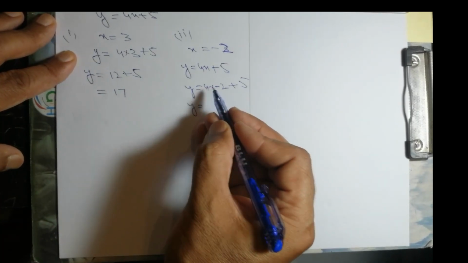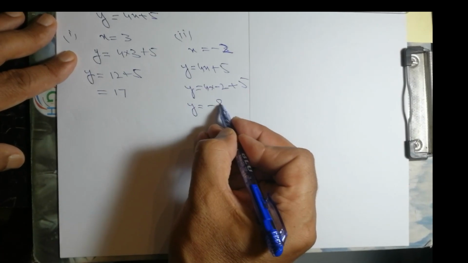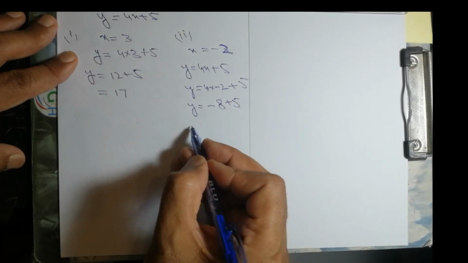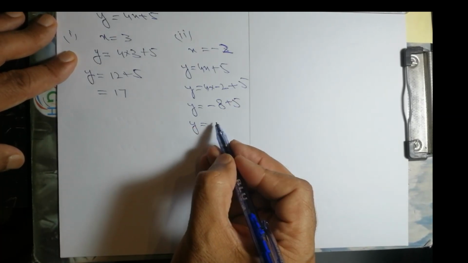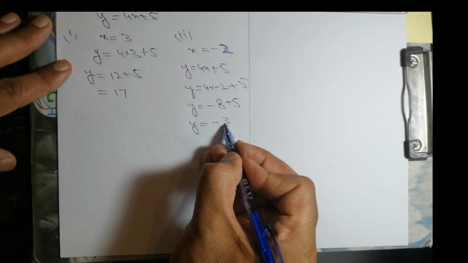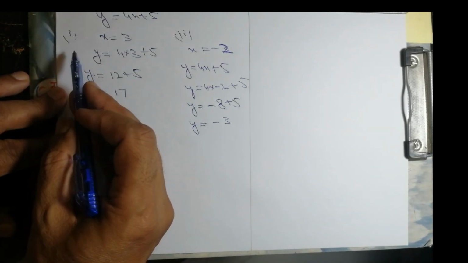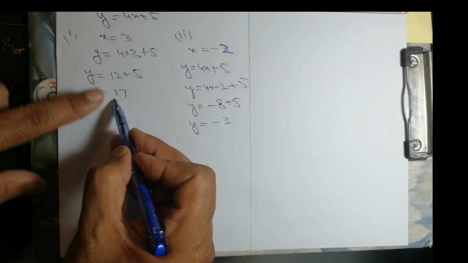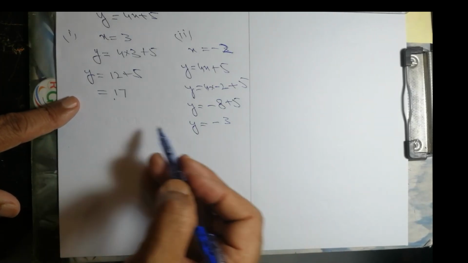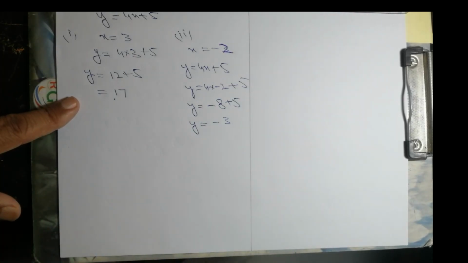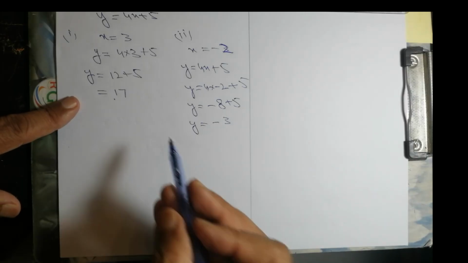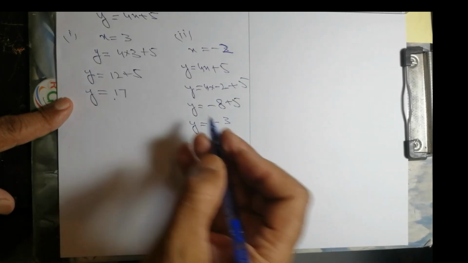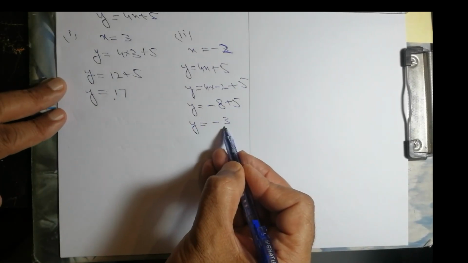First we multiply 4 into minus 2, this will be minus 8 plus 5. So y equal to minus 3. So this is the answer for part 1. This is for part 2. We were asked to find the value of y, given the equation of the function. So this was the value of y for the second part.